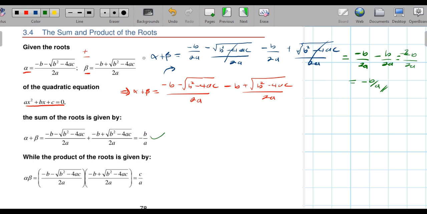So let's check for products. That was for the sum of roots. Let's check for the product of roots, that is alpha multiplying beta.